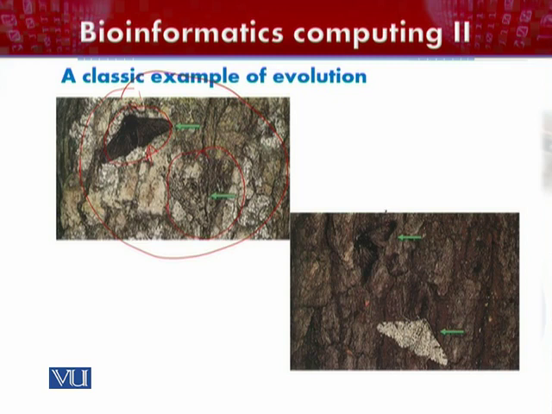But as the soot gets deposited on these tree trunks, because of the darkish coloration of the soot, the light colored moth is now easily visible, while the darkish one has the advantage of camouflage.